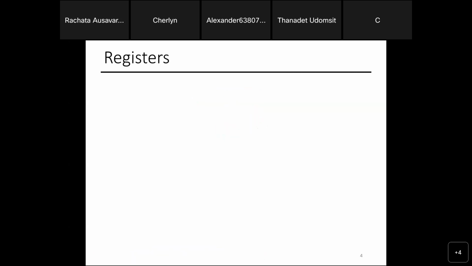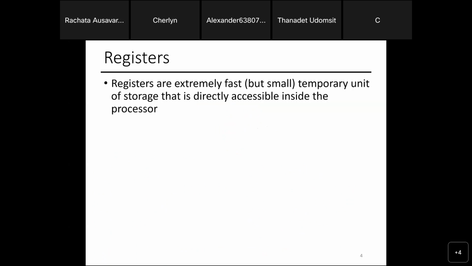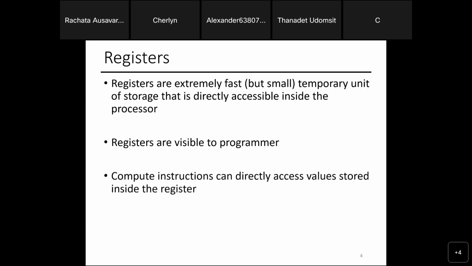To get there, we talk about registers, which are really fast temporary storage inside your CPU, where all the functional units in the CPU, like the adder and multiplier, all the components that perform these tasks, can access the register quickly within 1 cycle. These are also visible to programmers, and it computes the instructions directly on the accessed data.